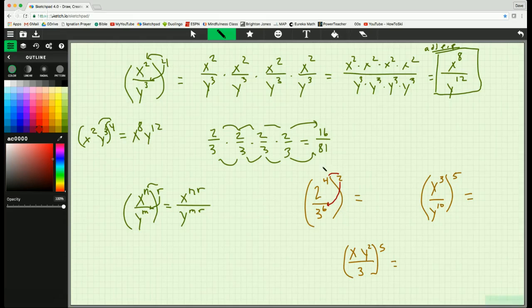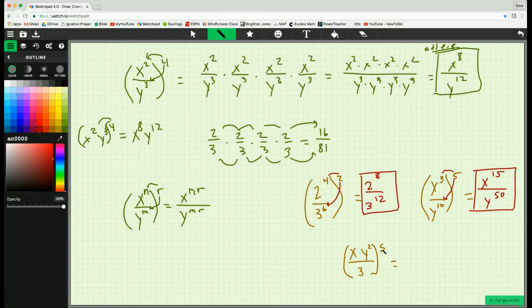Draw our arrows and multiply down, and we get 2 to the 8th over 3 to the 12th. Draw your arrows. Here we get x to the 15th over y to the 50th.